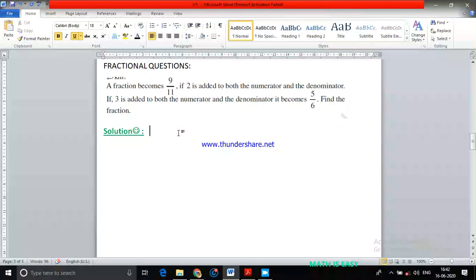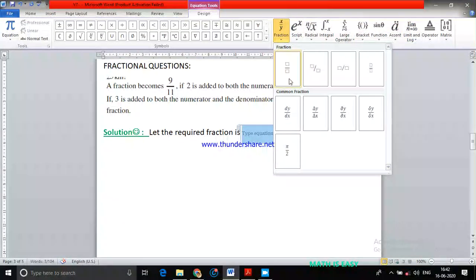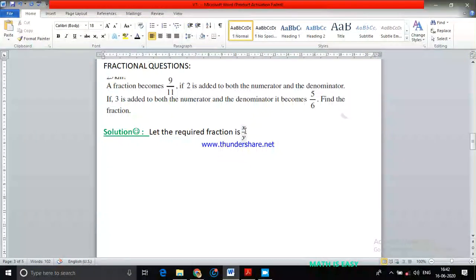What I do is, let the required fraction be x upon y. This is our required fraction.